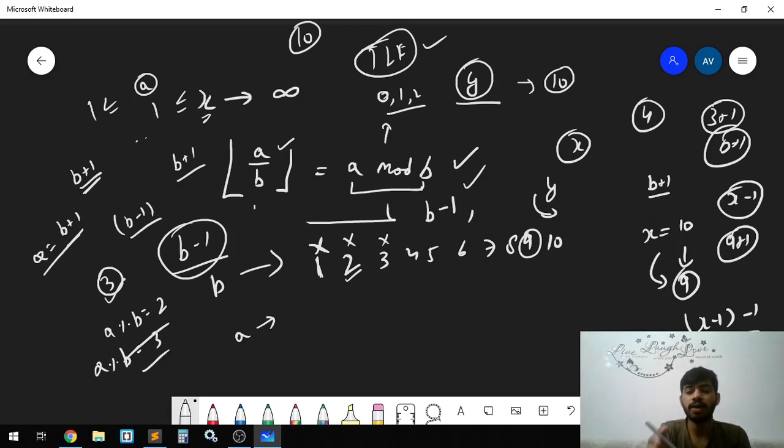So either I can add x minus 1, or, if x is like 1000, then I can't add 999, because if my y is like 10, I can't go to the 999 element. So I just need to take the minimum of this and y minus 1. This is the first case, when I need to add either y minus 1 or x minus 1.